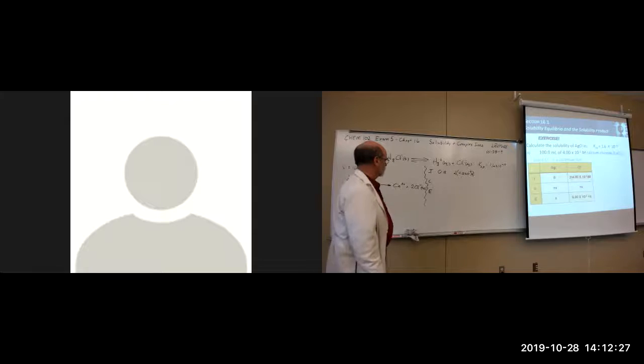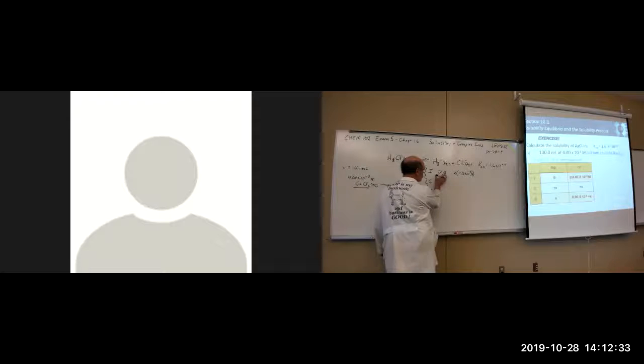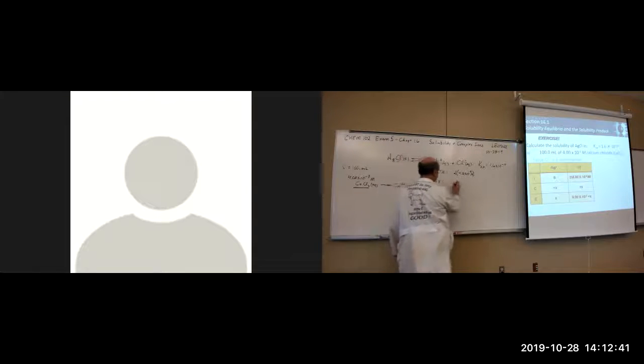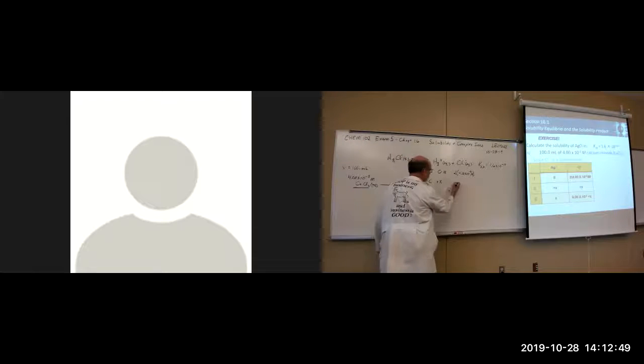Okay? So, if we're starting off with 0 silver, that means the reaction is going to go this way, and it's going to produce some silver and some more chloride, right? And will X give us our answer?